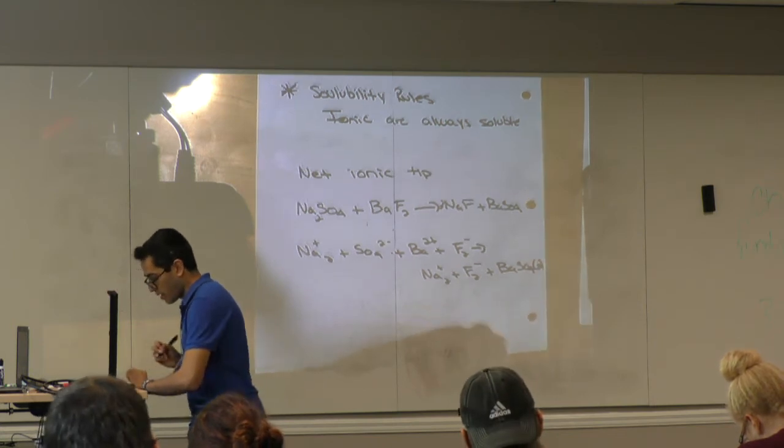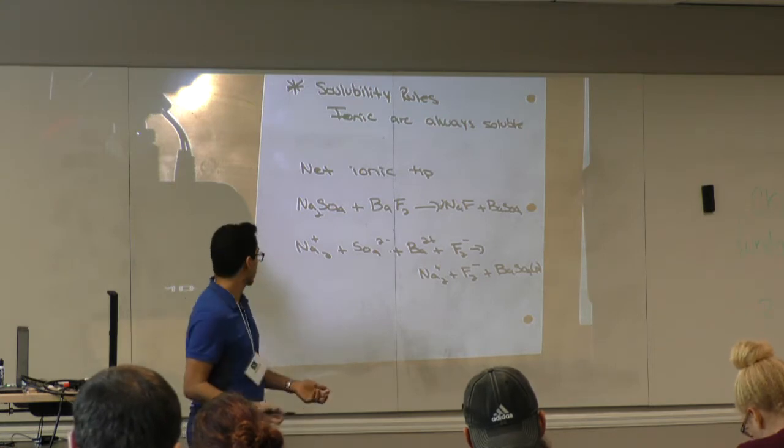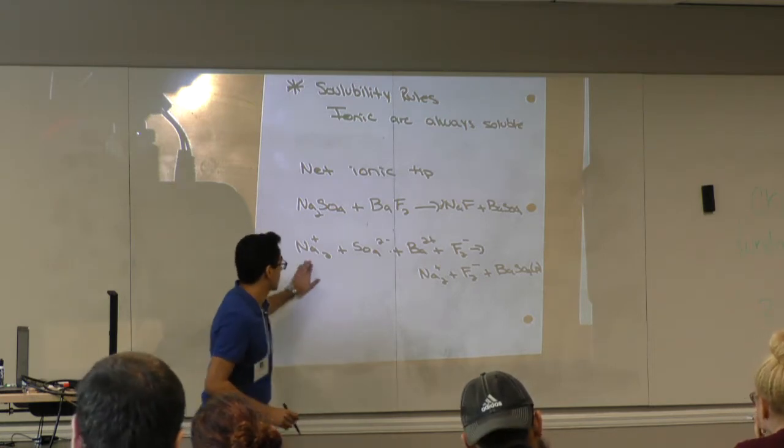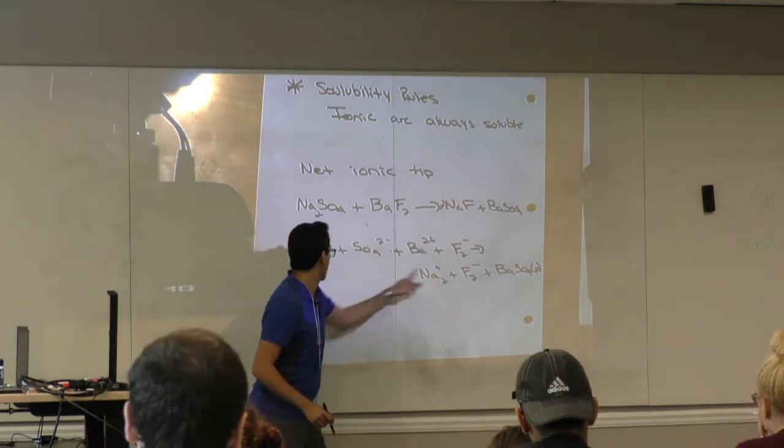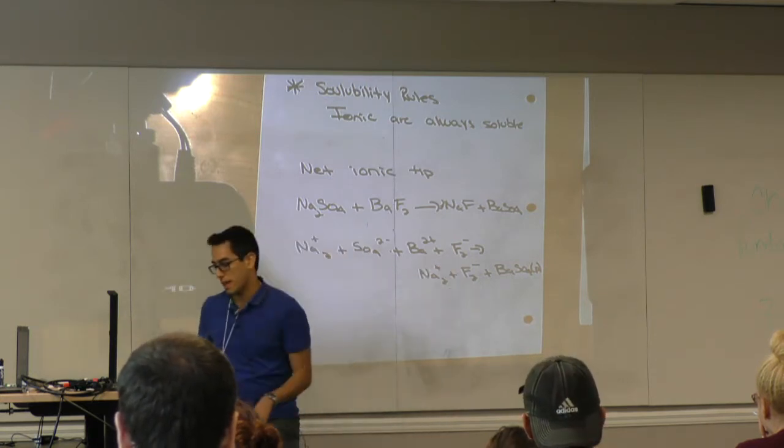Right? And so for net ionics, you're looking at what changes. And so we can see that sodium stays the same, plus, plus. Same thing with fluorine. So you can cross them out.